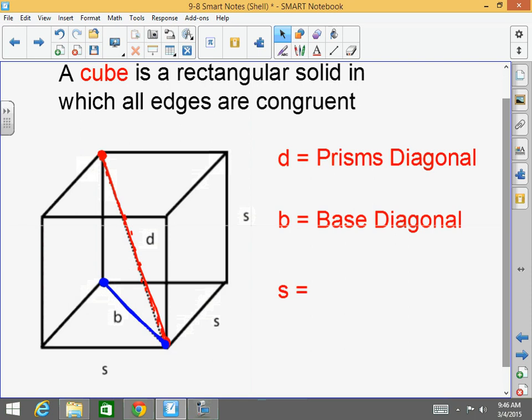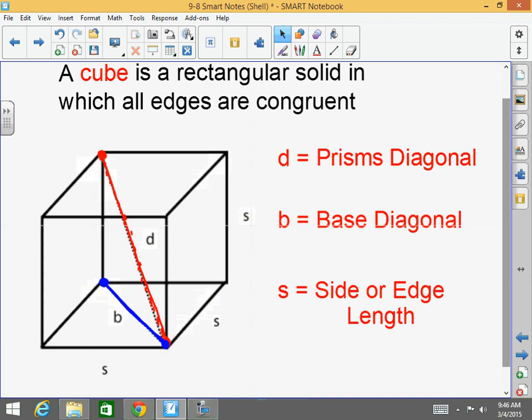Yes, no, maybe, kind of, sort of? Okay. And then S is the side or the edge length. And of course, if it's a cube, all of the sides are congruent. And those are the basics of a prism.